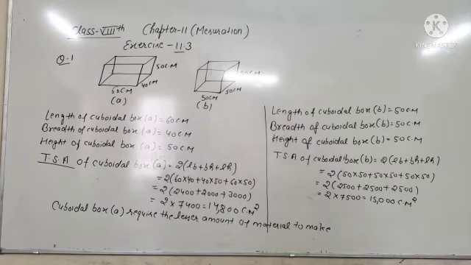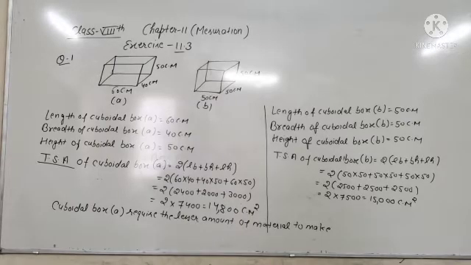Clear all of you? What is given? I am explaining once again. Two cuboidal boxes are given. One has the dimensions 60 centimeter, 40 centimeter and 50 centimeter, and the second one has dimensions 50, 50 and 50 centimeter. You have to find out which box requires the lesser amount of material to make. It means first of all you will find out the area of both the boxes, the total surface area. This is a cuboidal box, and how many dimensions are there?